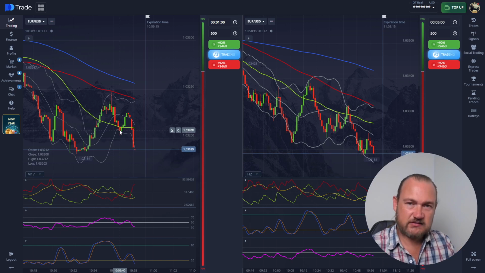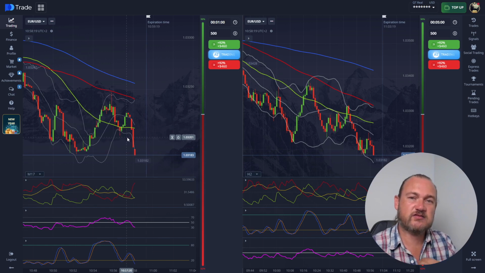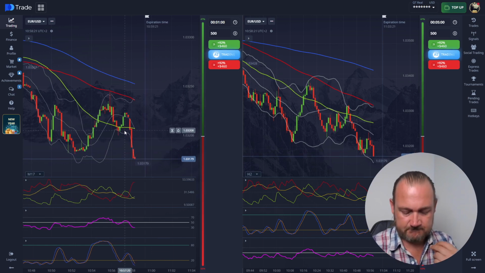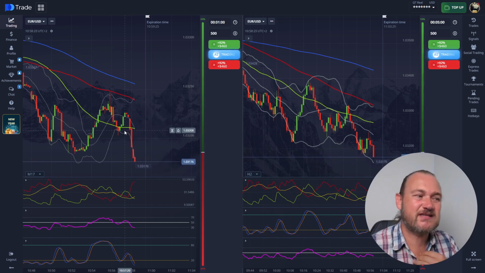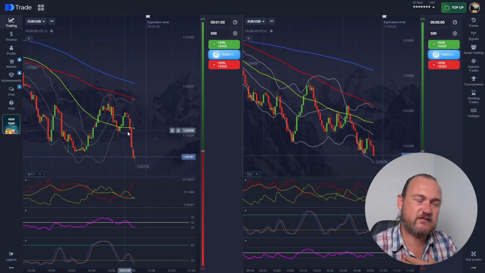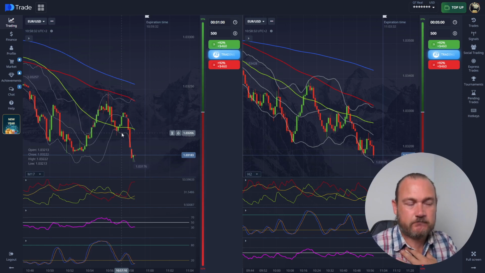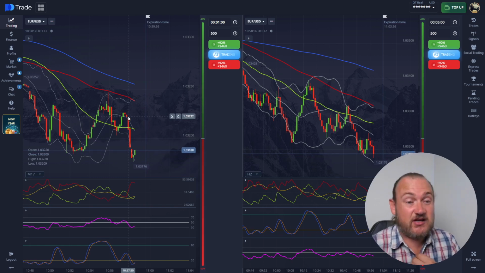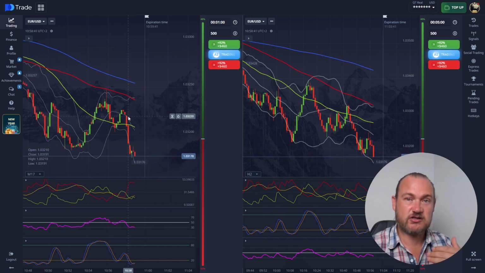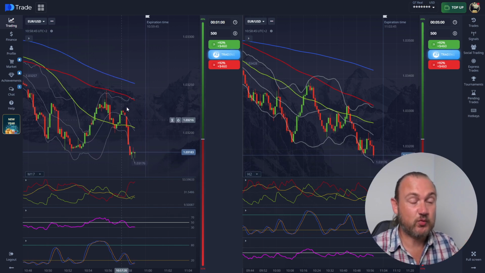But I would have created a false sense of skill, a false sense of ability in myself, thinking that I can actually see what's going to happen. And then I start taking more trades because I think this is going to happen and that's going to happen. And then you start taking trades without a strategy because you think you can actually see what's going to happen. So quite often you will get rewarded.